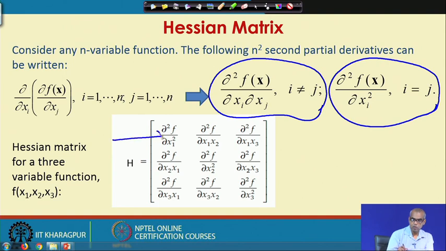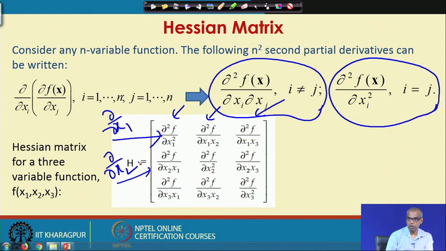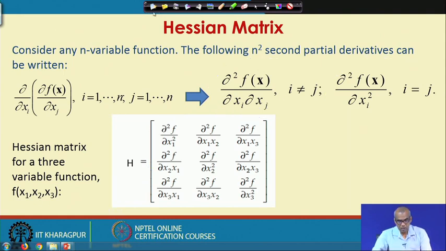So, in this first row you have operated del x1 on del f del x1, del f del x2, del f del x3. Similarly, here you operate del x2 on del f del x1, del f del x2 and del f del x3. Similarly, you operate del x3 on del f del x1, del f del x2 and del f del x3. So, this 3 cross 3 matrix is the Hessian matrix.